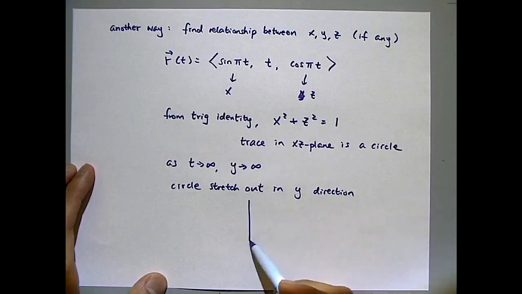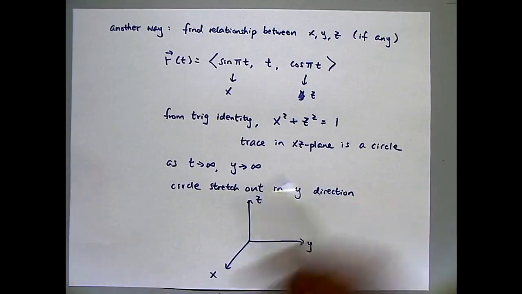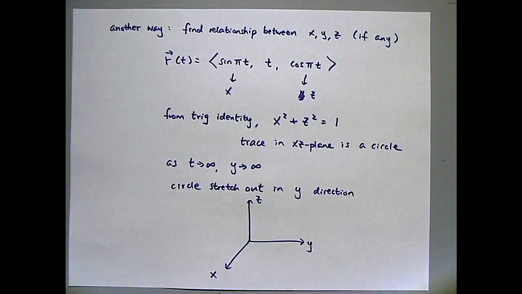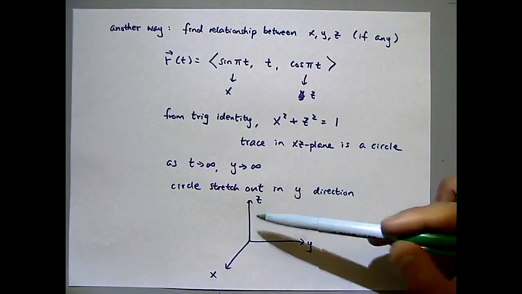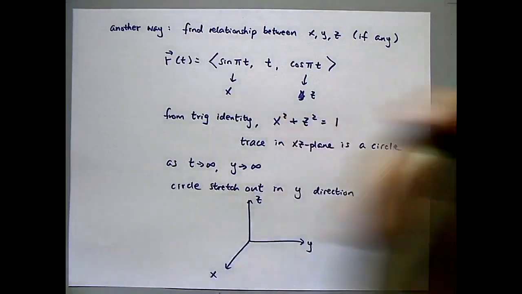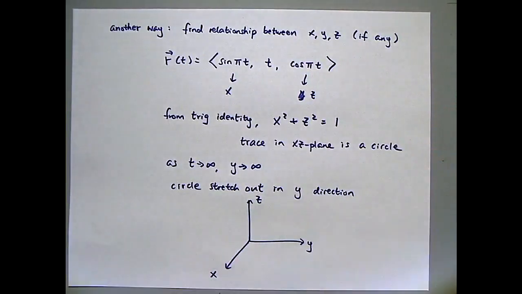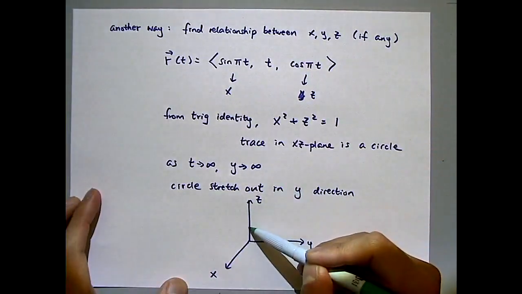And in the end, you will get exactly the same shape, of course. In the xz plane we see circles, but this circle is being moved along, if you want to think of it that way. And then that vector will trace out that same helix shape.